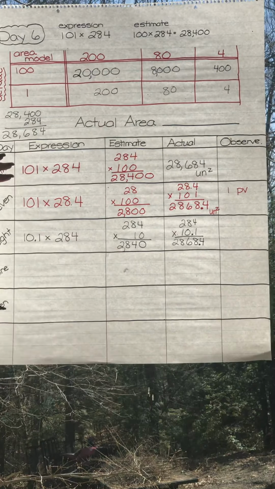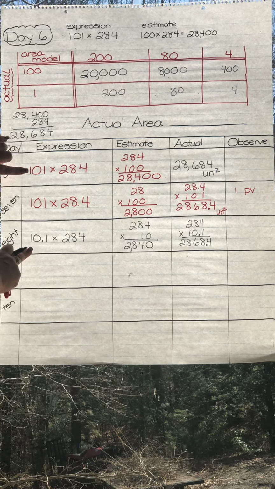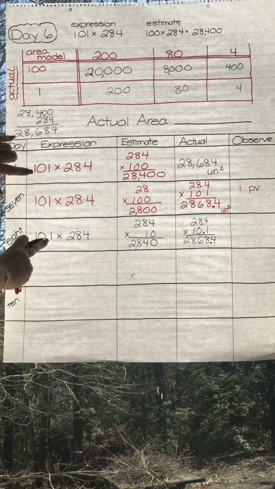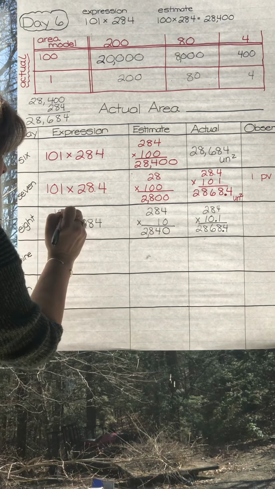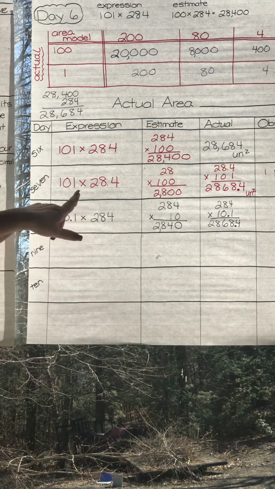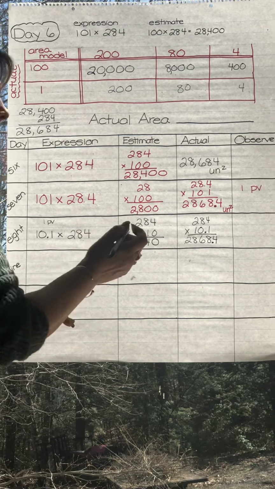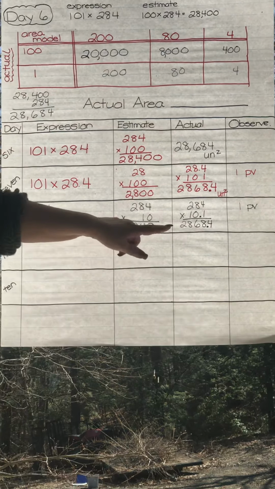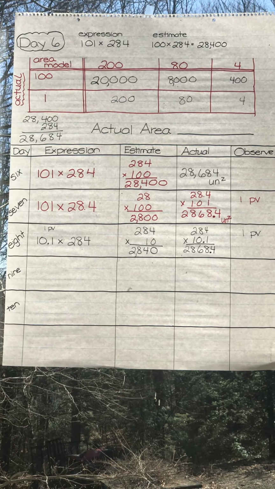And if we compare it to our original expression, we see that this factor and this factor are the same, except this is one place value less. These factors are the same. So since the entire equation is just one place value less, our product is going to be one place value less.